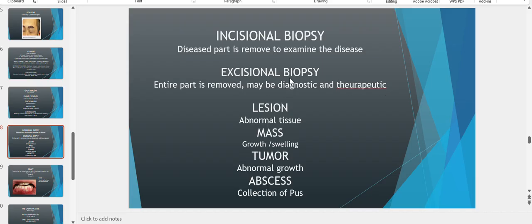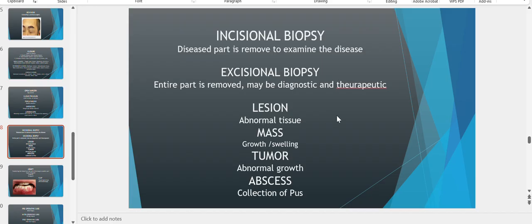That is an excisional biopsy. And when the word biopsy is there, it means the part is sent to the laboratory to check the diagnosis, to examine which type of disease is there, to check whether it is cancerous or not. Okay, so that is an excisional biopsy.